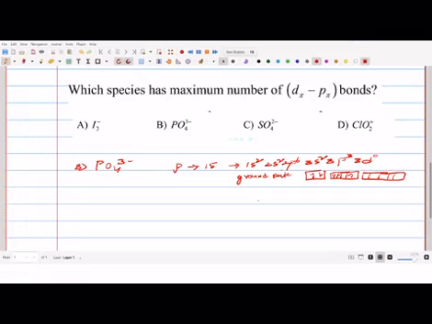Then when phosphorus is bonded with oxygen, there are 4 oxygens.